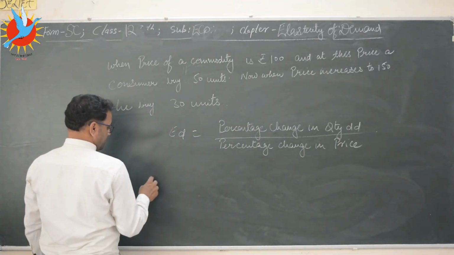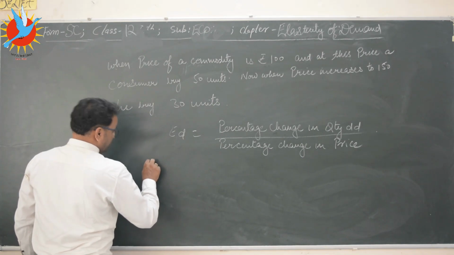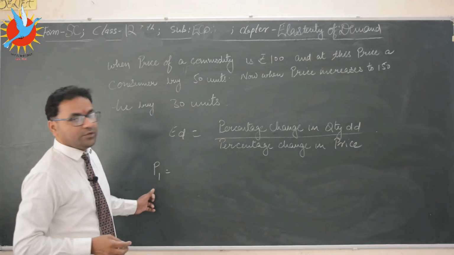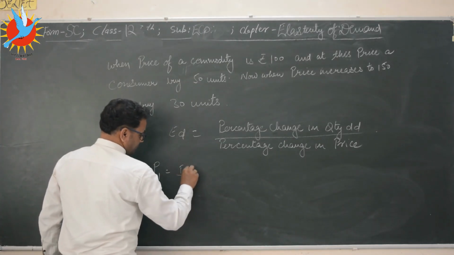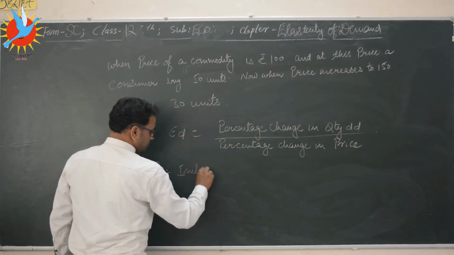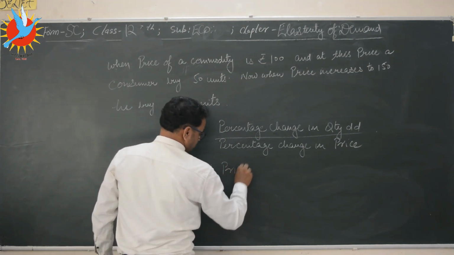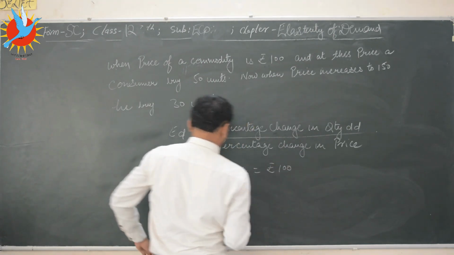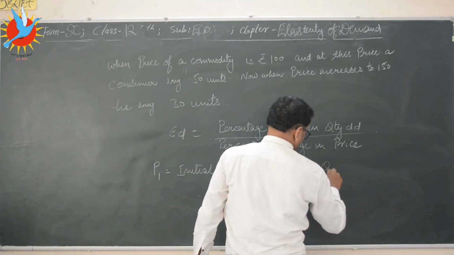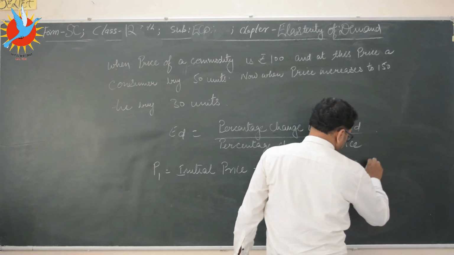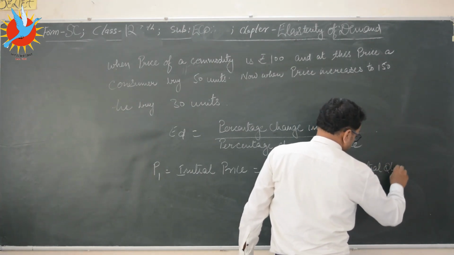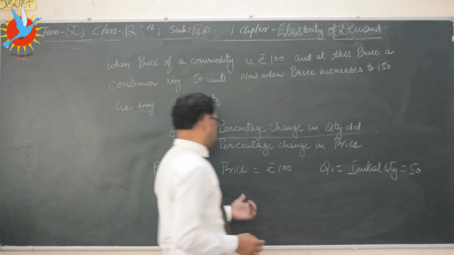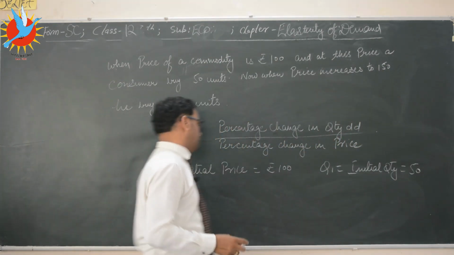First, we give the initial values. P1 means the initial price, which is 100, and at that price Q1 is the initial quantity, which is 50. Meaning at a price of 100 he buys 50 units.